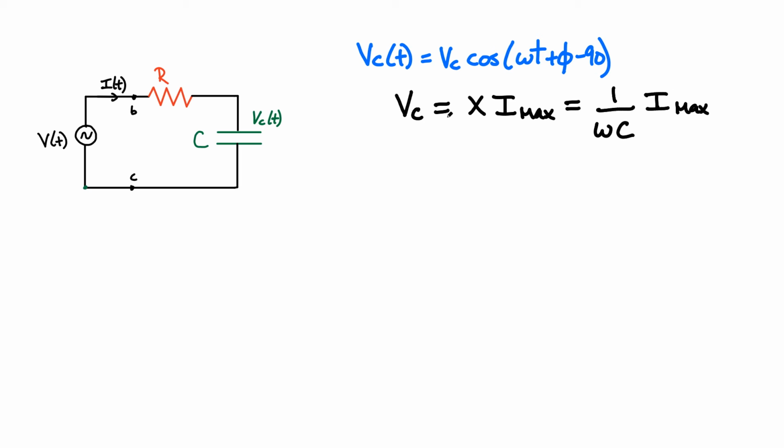Amplitude is written as the reactance multiplied by that maximum current. The value of the reactance is 1 over omega C, and the maximum current is what we just solved for.